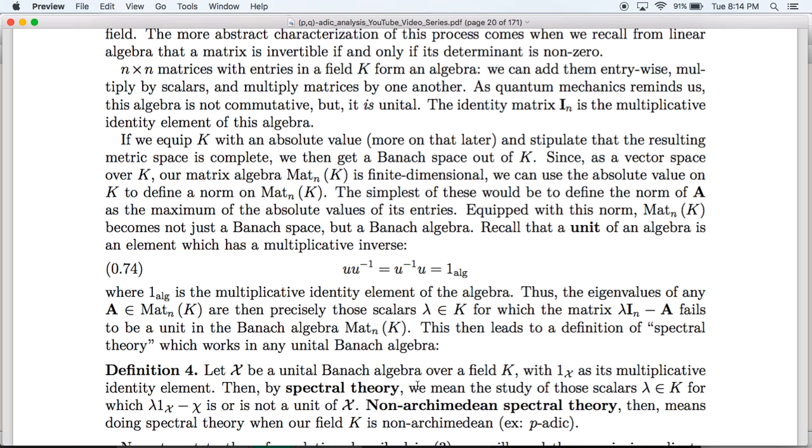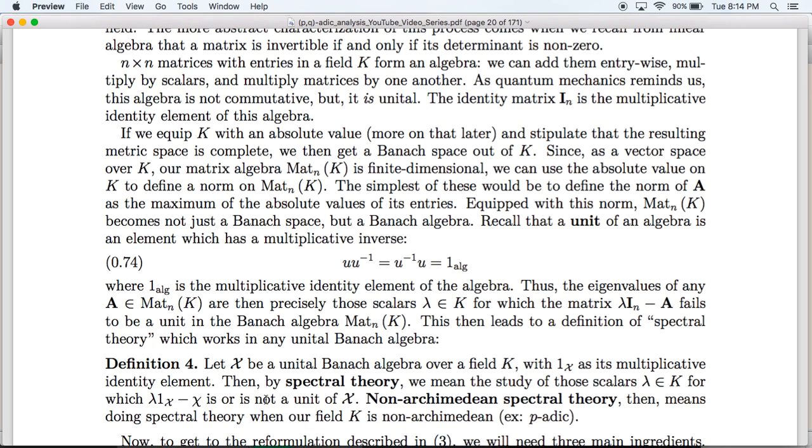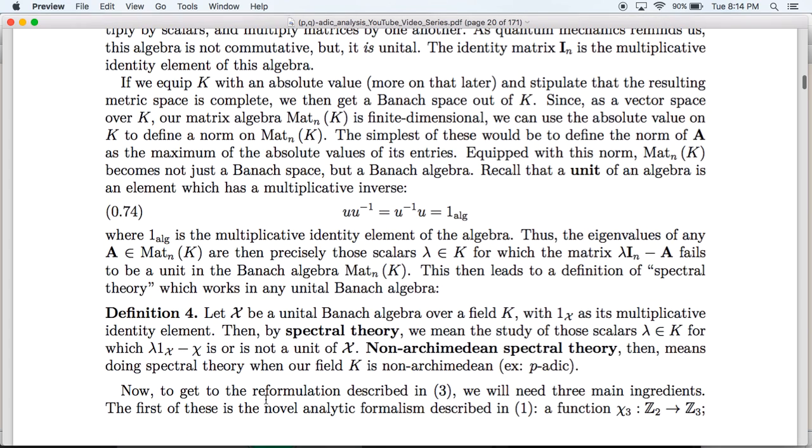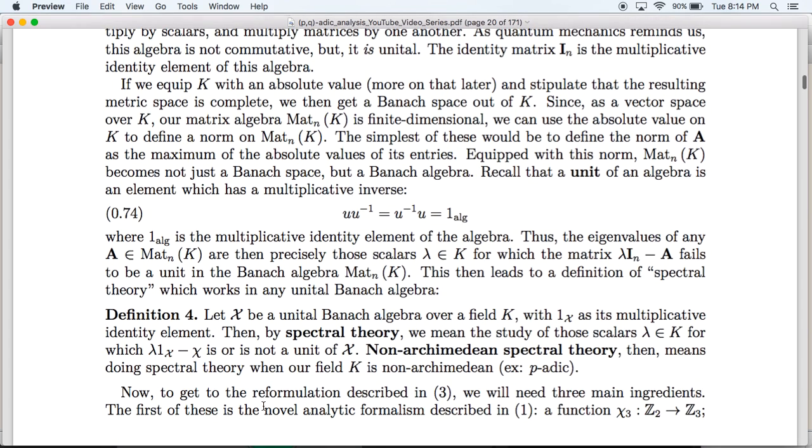Then, by spectral theory, we mean the study of those scalars lambda in K for which lambda 1 minus chi is or is not a unit of X. Non-Archimedean spectral theory, then, means doing spectral theory when our field K is non-Archimedean, such as when K is a field of p-adic numbers.